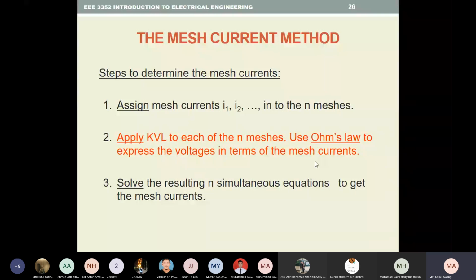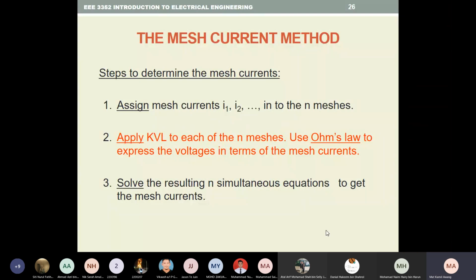The mesh current method: these are the steps that we are going to use in order to analyze the circuits. First step is basically that you need to assign the mesh current in the network by naming them I1, I2, and so on. Or you can name them IA, IB, IC, doesn't matter, as long as your convention is consistent.